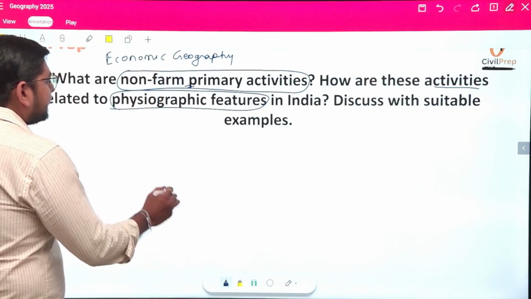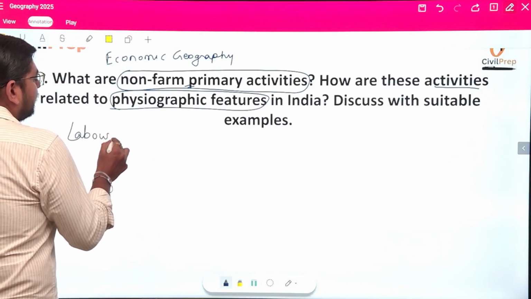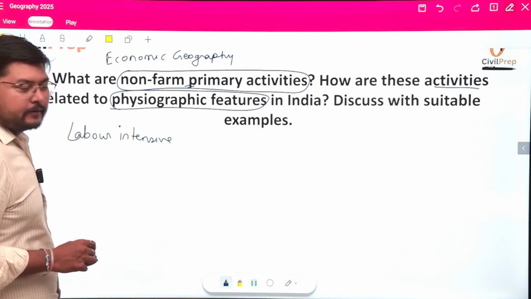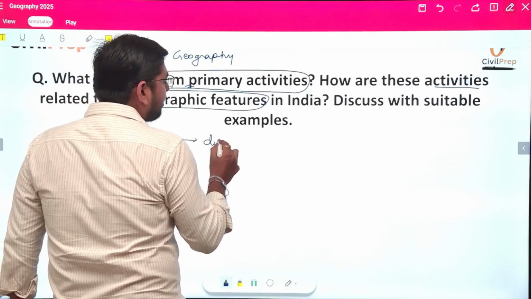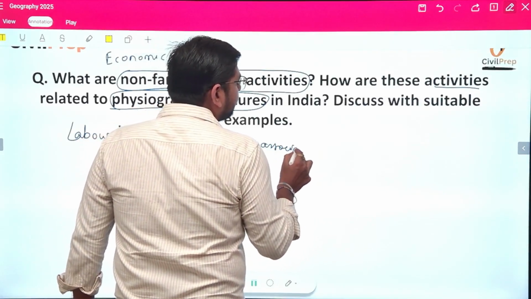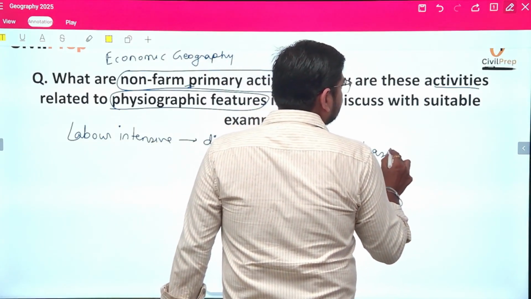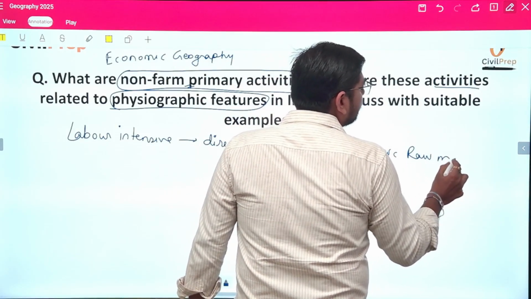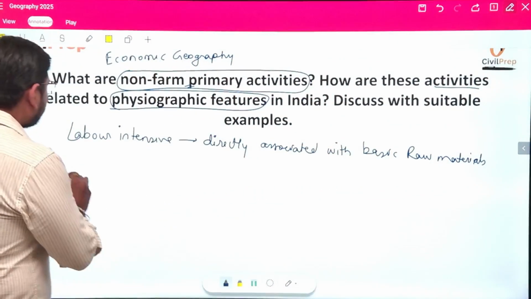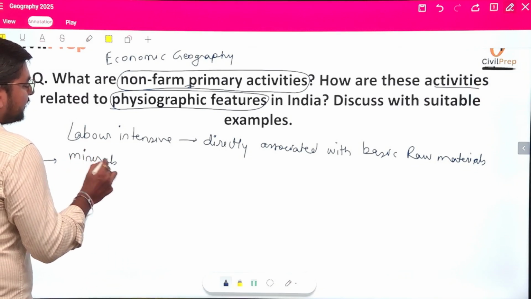Okay, so what I can say here, it is an activity which is labor intensive, okay, labor intensive रहेगा, and it is directly associated with the basic raw materials.